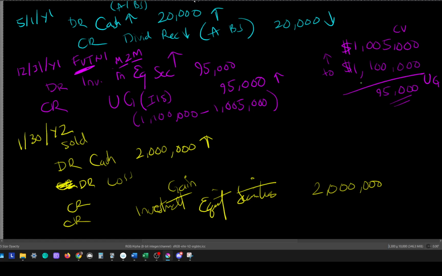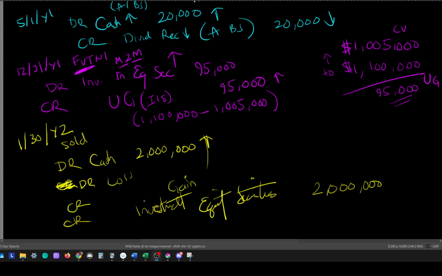The fair value increased to $1,100,000, which was a $95,000 unrealized gain. Under the fair value through net income or mark-to-market method, we have to record unrealized gains and losses. So we debit the investment in equity securities, that's increasing an asset on the balance sheet for $95,000. We credit unrealized gains, which is an income statement account, for that delta of $95,000. All right.